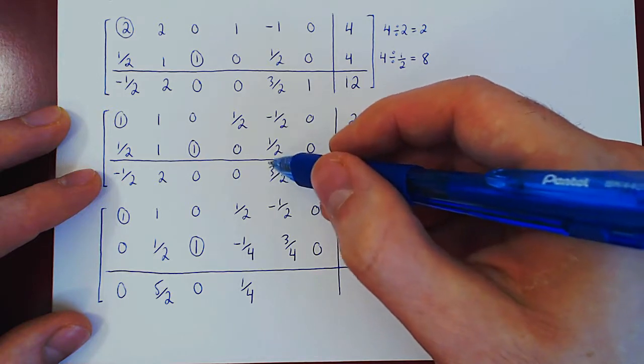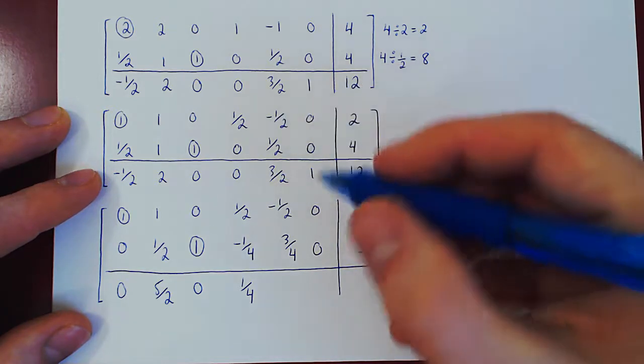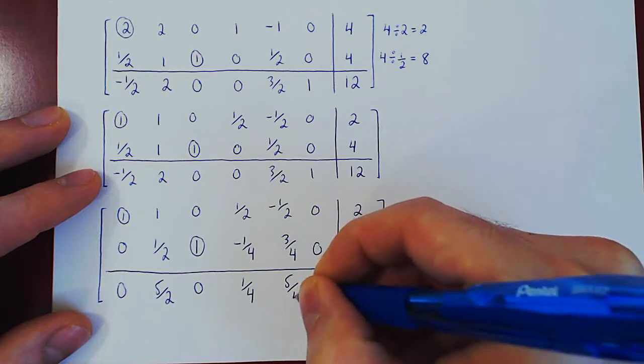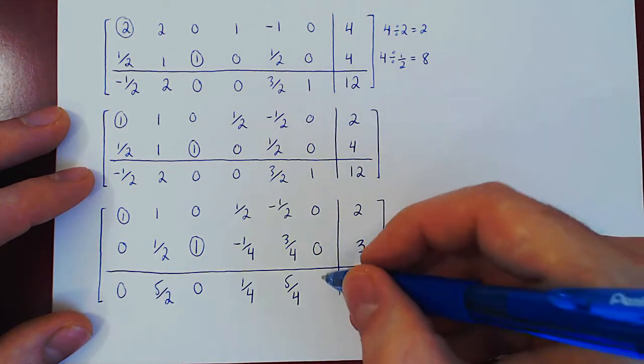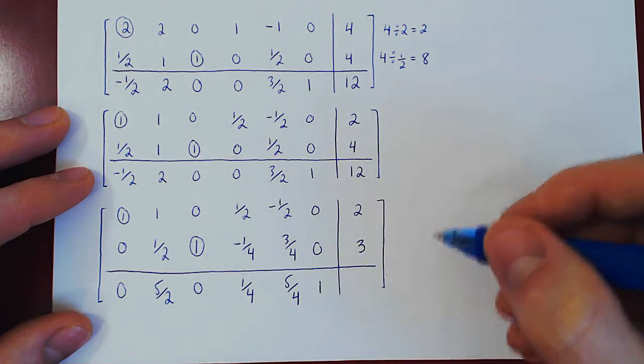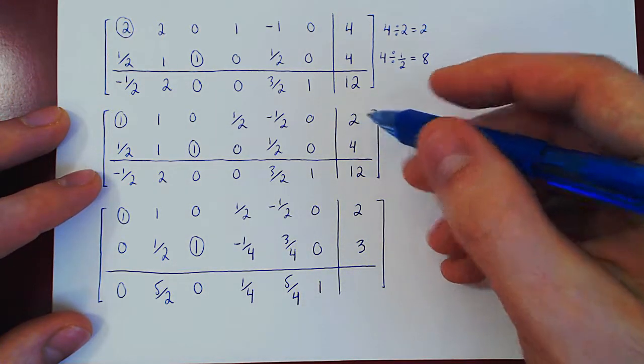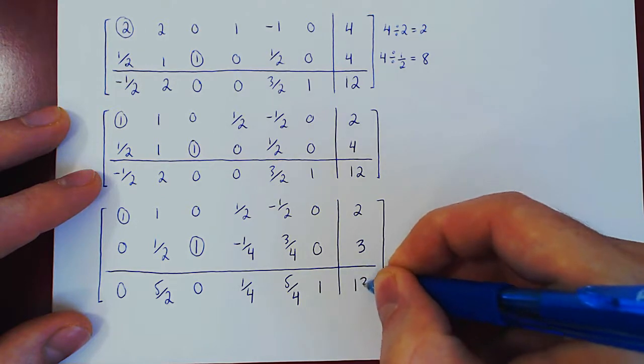But over 4, this is 6 over 4 minus 1 over 4, gives us 5 over 4. 1 plus 1 half times 0 is 1 plus 0, 1. And finally, 12 plus 1 half times 2 is 12 plus 1, 13.